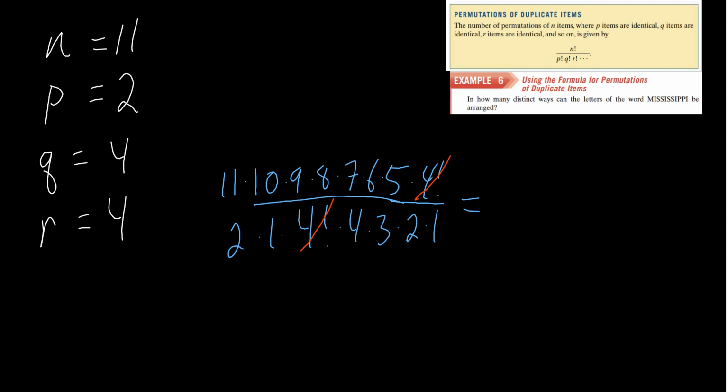So we end up with 34,650. So there are 34,650 ways that we can rewrite Mississippi in a distinct way with our I's, S's, and P's actually repeating.